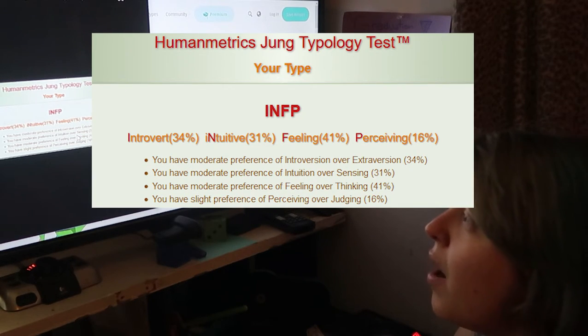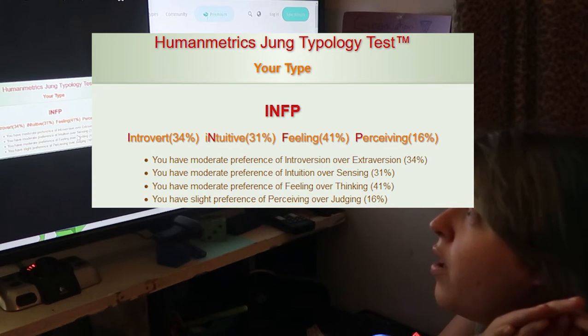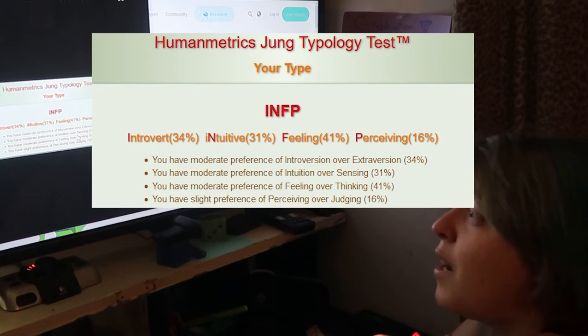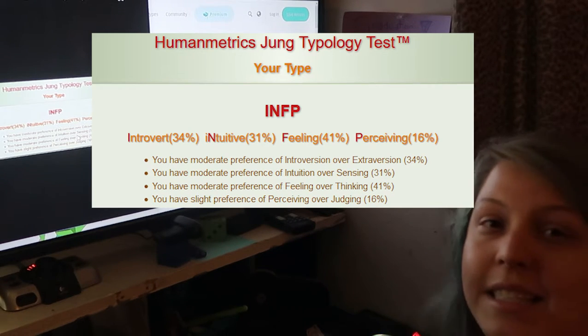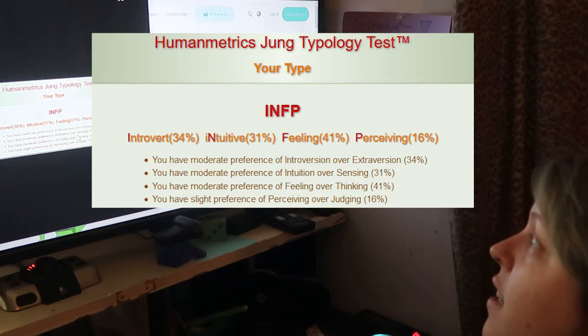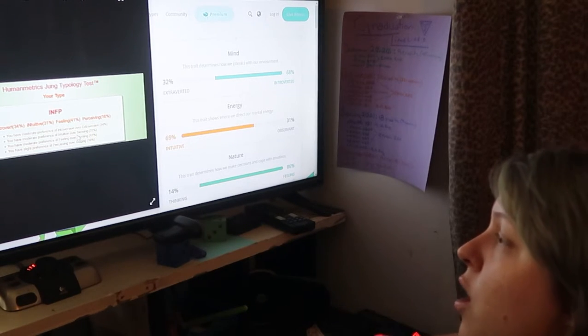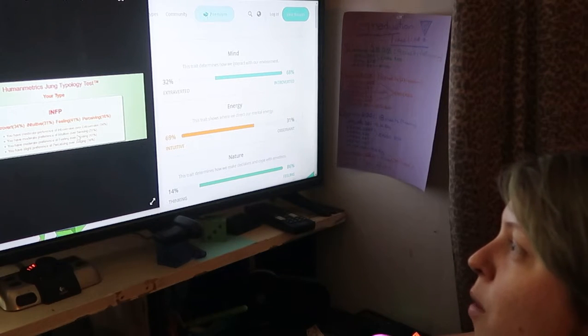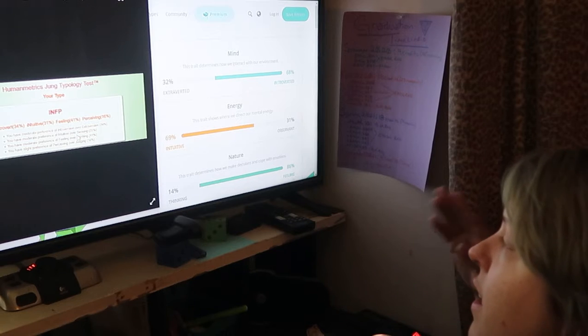I have a moderate preference of feeling over thinking by about 41%. I have a slight preference of perceiving over judging at only about 16%, it says.